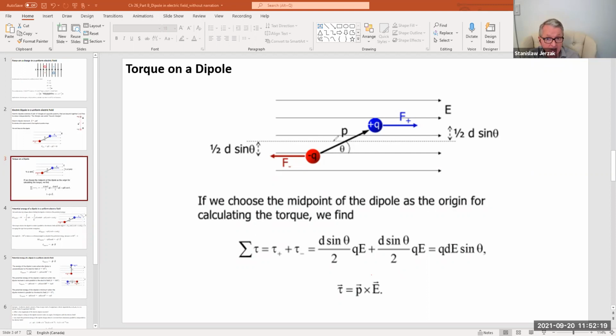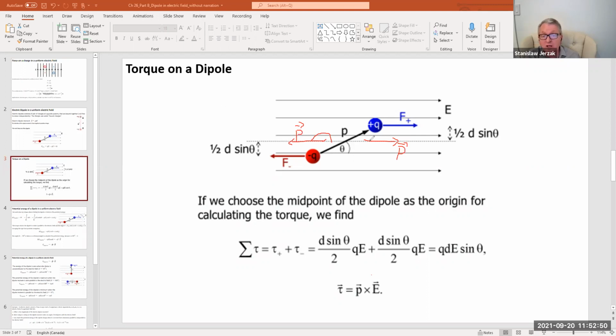But if the dipole is anti-parallel to the electric field, then the angle between dipole and electric field is 180 degrees, and sine of 180 is also equal to 0.